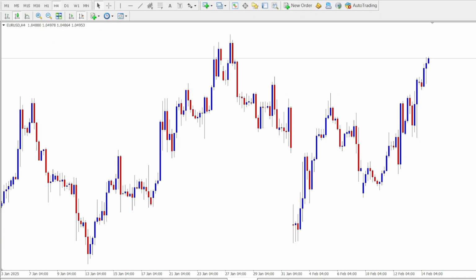And in this video, I'm going to break down the liquidity trading strategy so you can trade with the big players instead of trading against them. I'm just going to be showing you how liquidity shapes price movements, how to spot liquidity pools, and how to use this knowledge to improve your trade entries.